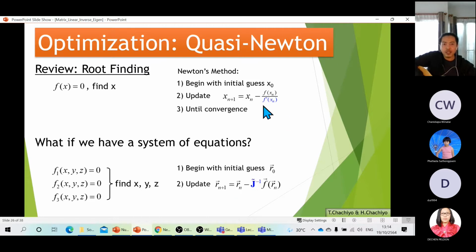So let's look at the structure, the pattern of these 2 formulas. We have this previous iteration rn, but in vector form. Now we have xn, very similar. And on the left-hand side, we have x for the next iteration, xn plus 1, and that is the r vector for the n plus 1. Okay.